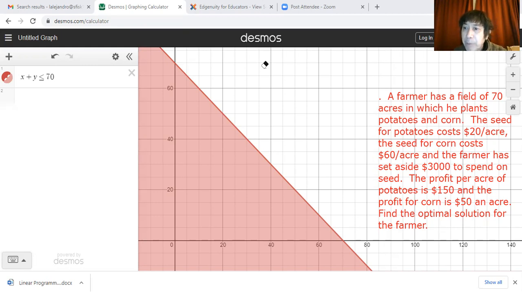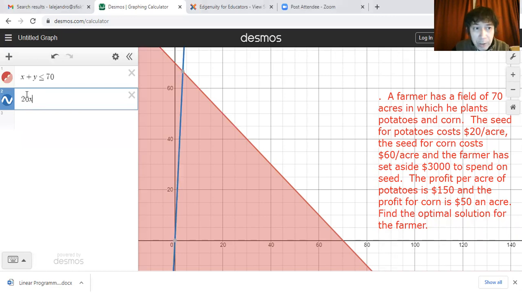Okay, the next one will be the price for the seed per acre. And it will be $20 per acre for potatoes. And so our constraint will be 20 multiplied by X acres for potato. Okay, and then we will add the other one. Corn is 60 per acre.